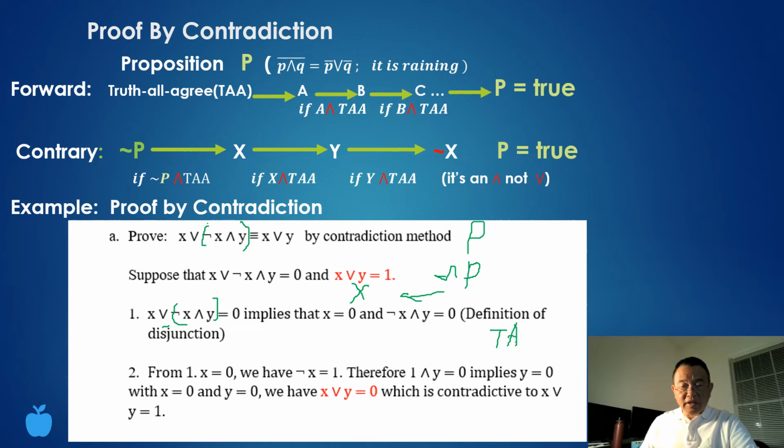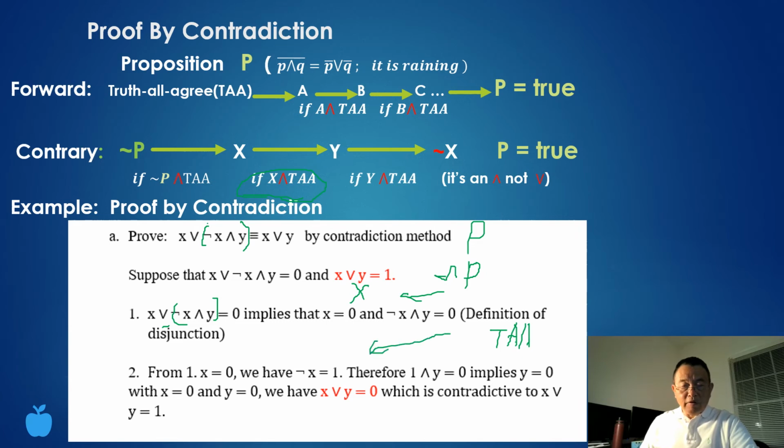Whatever X is, X AND truth will agree, and we go to the next step. We call it X, and truth we call this step Y.